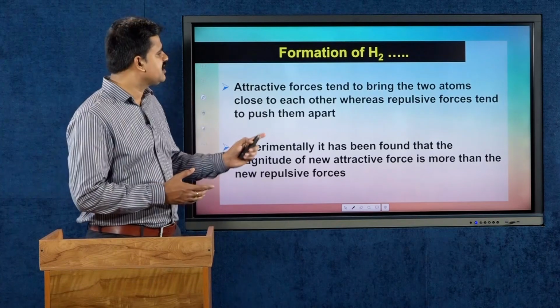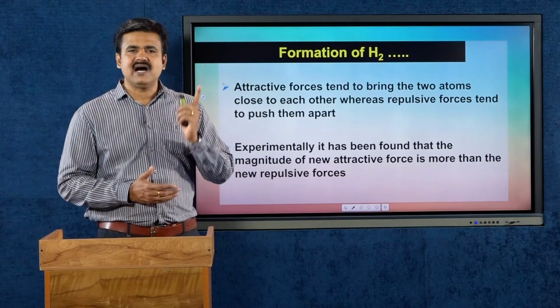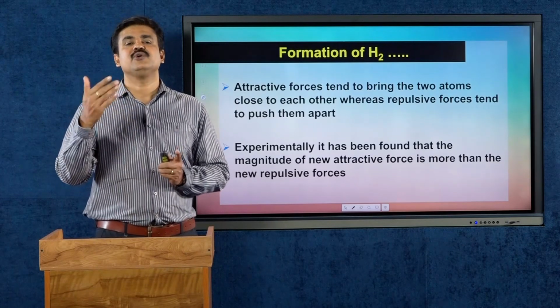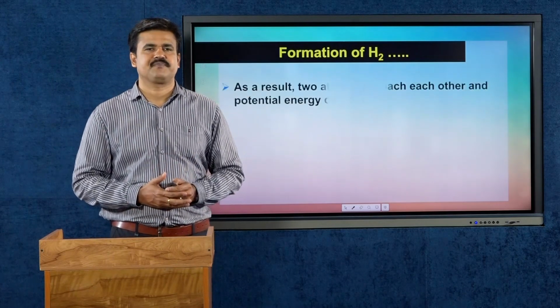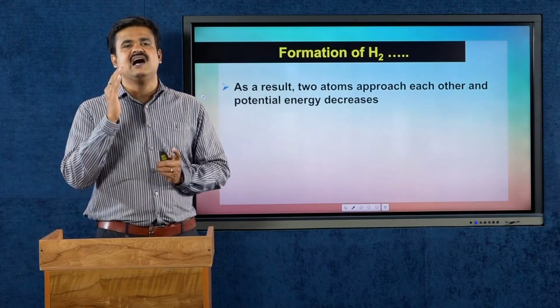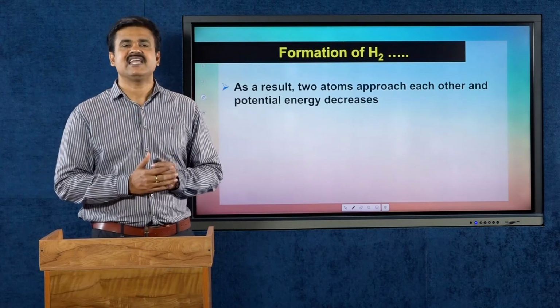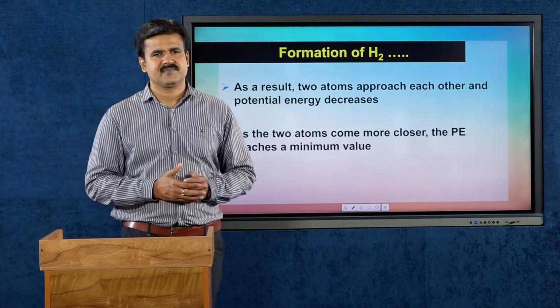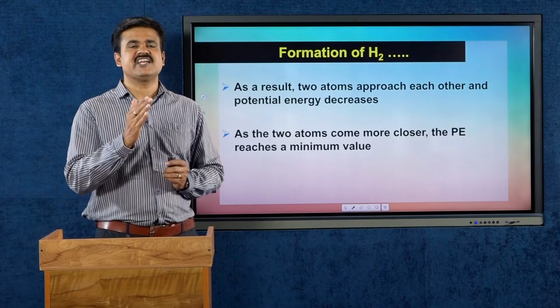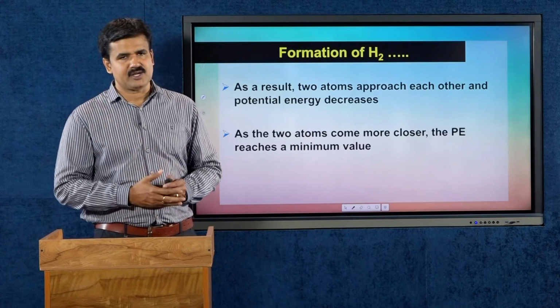Experimentally, it has been found that the magnitude of the new attractive force is more than the new repulsive force. As a result, the two atoms approach each other and the potential energy of the entire system decreases. As the two atoms come closer, the potential energy reaches a minimum value.